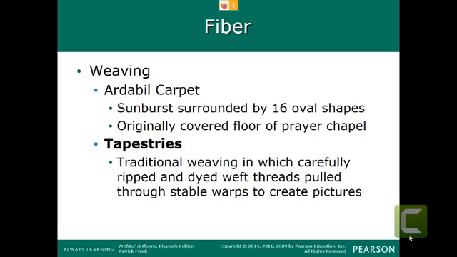So when it comes to these fiber works of art, a lot of them are made into tapestries. So tapestries are these traditional weavings in which carefully ripped and dyed weft threads are pulled through stable warps to create pictures.